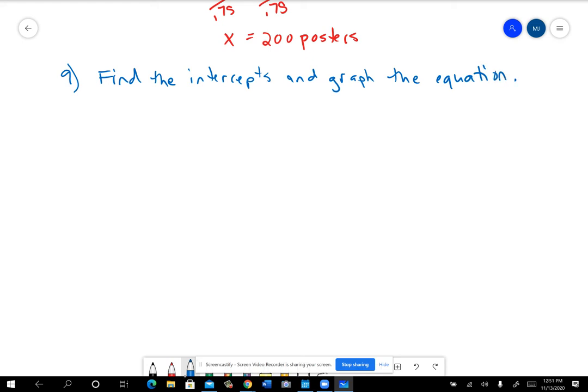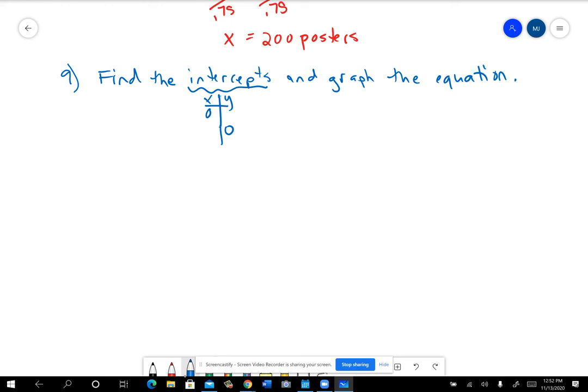The second I see the word intercepts, I know they're talking about finding points that are going to be on the X or the Y axis. So when I choose the ordered pairs, I need to find the one that has a 0 for X and the one that has a 0 for Y.